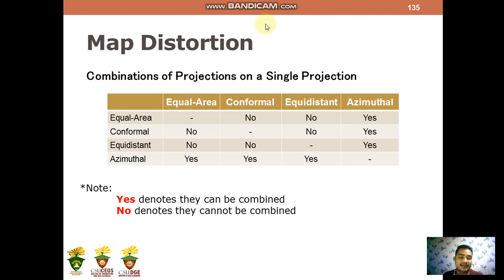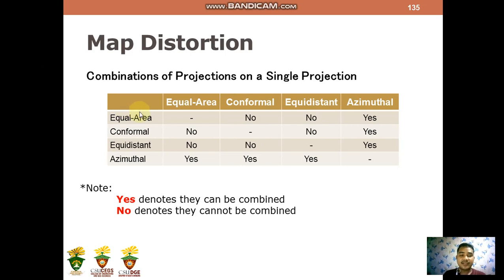For example, equal area cannot be combined with conformal. If you want to preserve area, you cannot also preserve form or distance, the equidistance. With equal area, what you preserve is the area of the place or region you want to preserve.